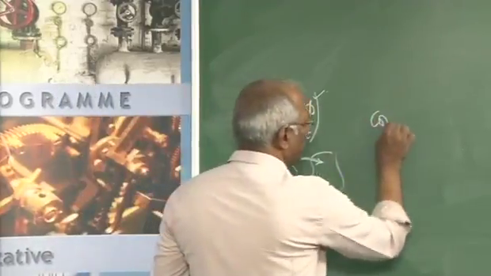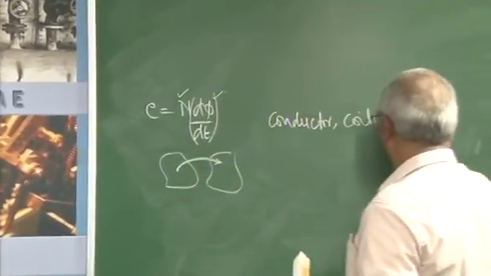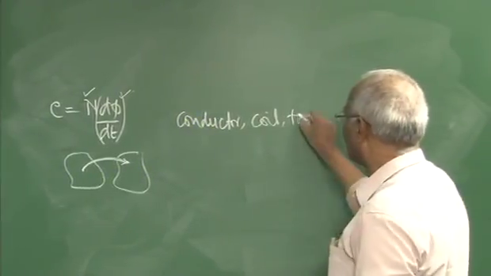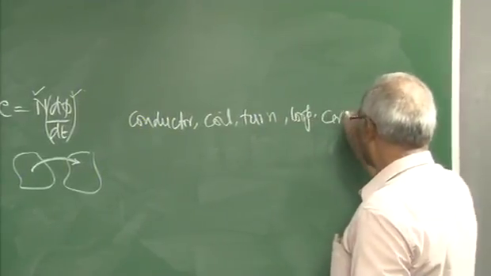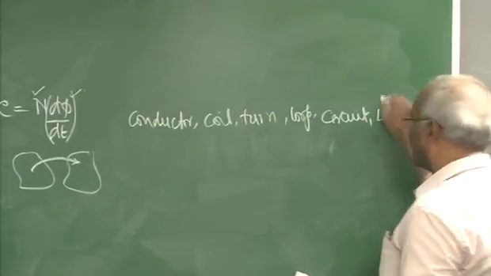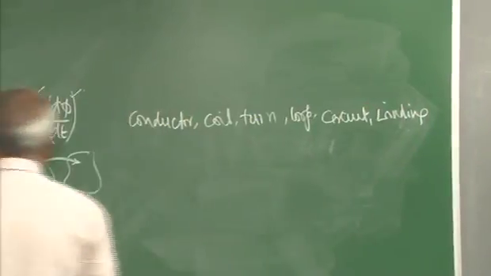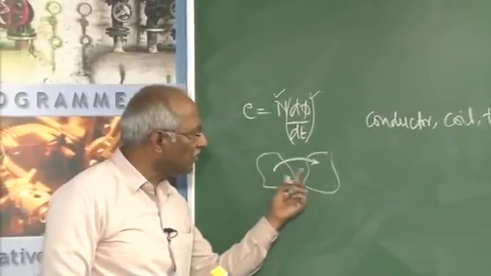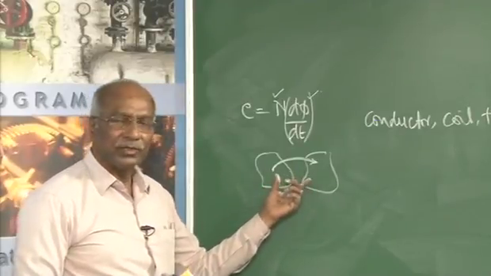Many times the conductor, coil, turn, loop, circuit, winding can be used interchangeably. So with that in mind, when the circuit or the conductor moves from one magnetic field strength to another magnetic field, there will be an induced EMF also.